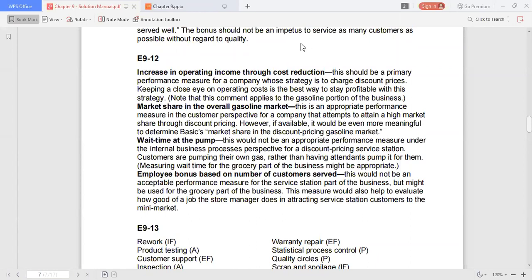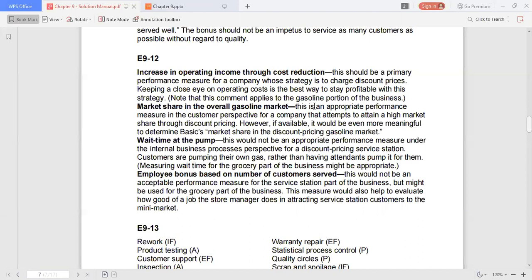This is an appropriate performance measure in the customer perspective for a company that attempts to attain a higher market share through discount pricing. However, if available, it would be even more meaningful to determine Basic's market share in the discount pricing gasoline market.